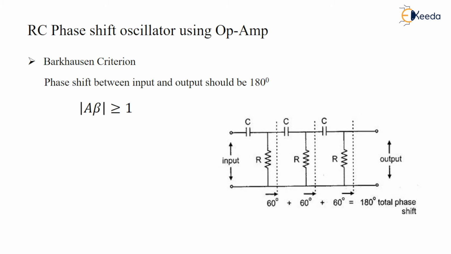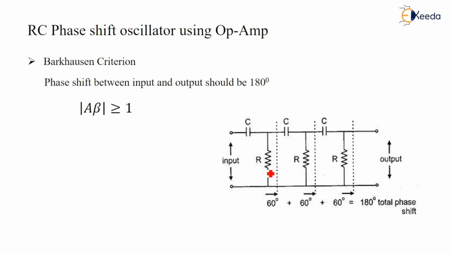This is the RC phase shift network. Each RC ladder introduces 60 degree phase shift. This RC phase shift oscillator has three identical RC phase shift networks cascaded to each other.